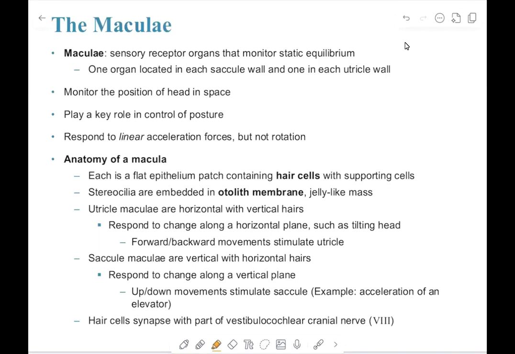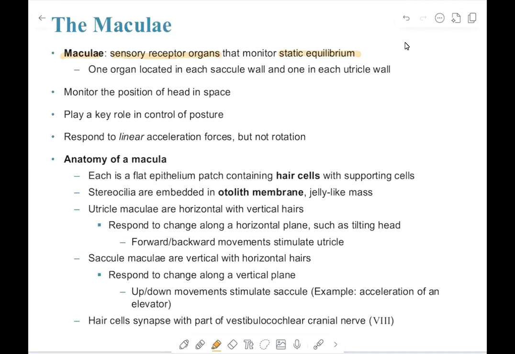In the last video, we talked about the maculae, and the maculae are specific sensory receptor organs that monitor what's called static equilibrium. Essentially, this is just monitoring the position of the head in space.